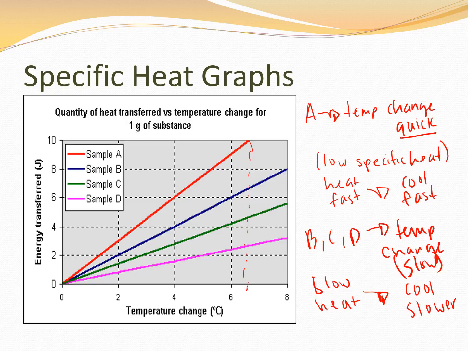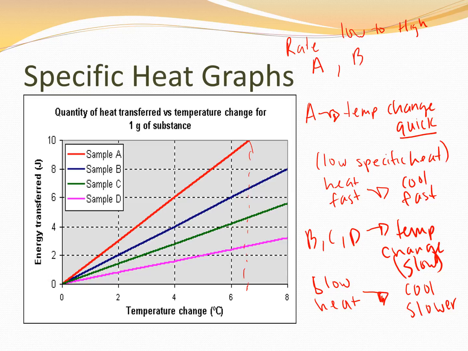So if I were to rate from low to high specific heat, I would say the lowest specific heat would be sample A, because temperature changes fast.